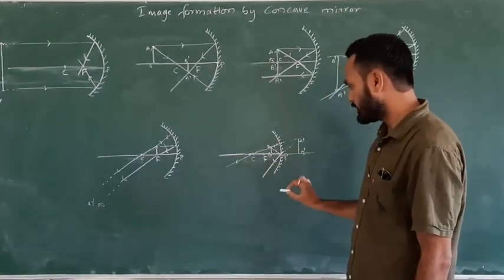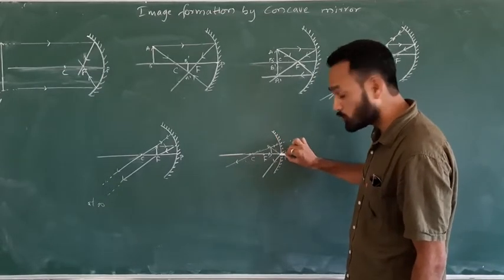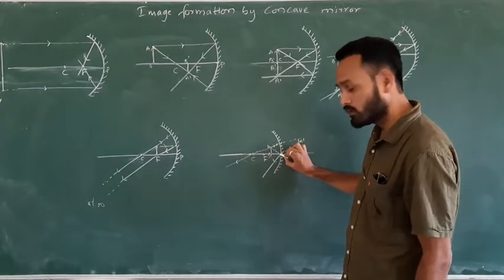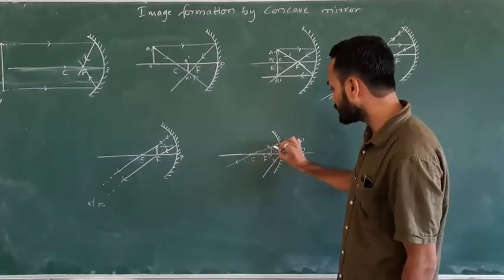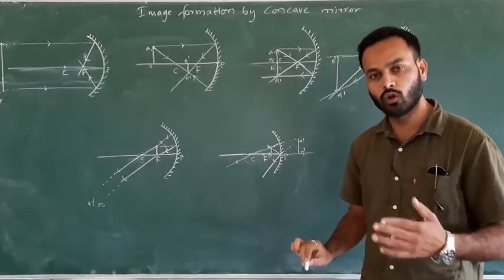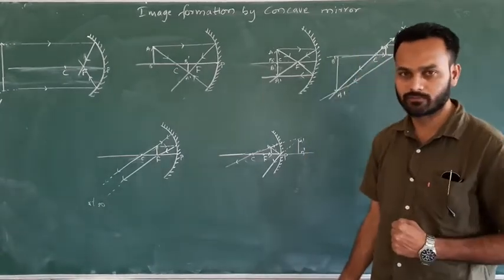For this position, one ray of light is slant to the principal axis at pole. Another ray of light appears to come from the center of curvature. Yes, you know about their future after reflection.